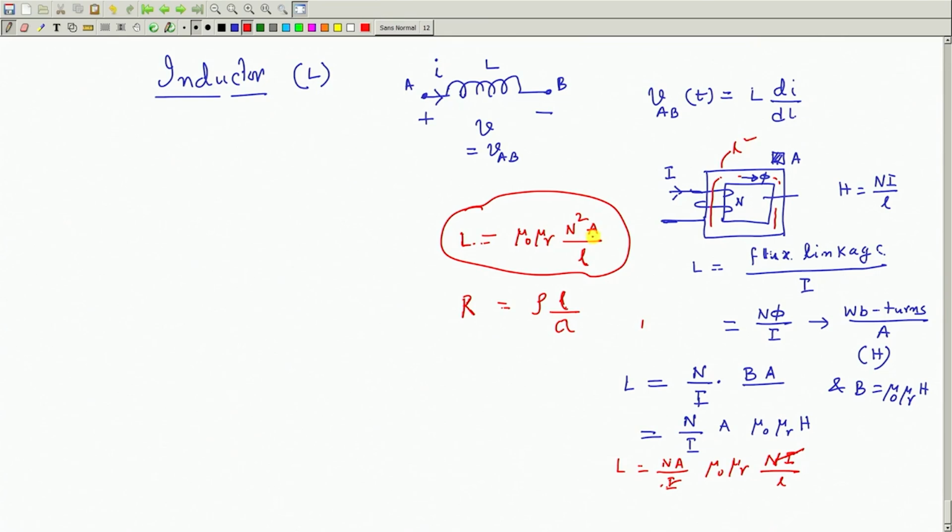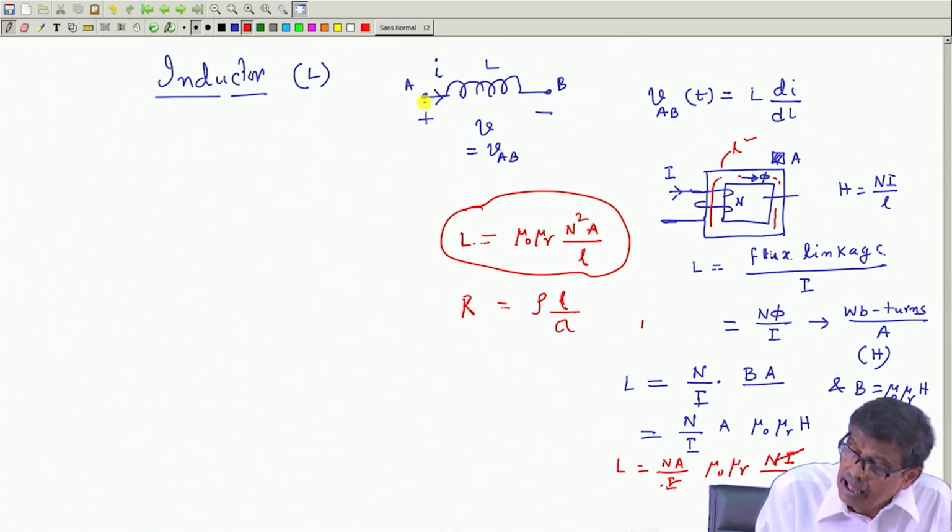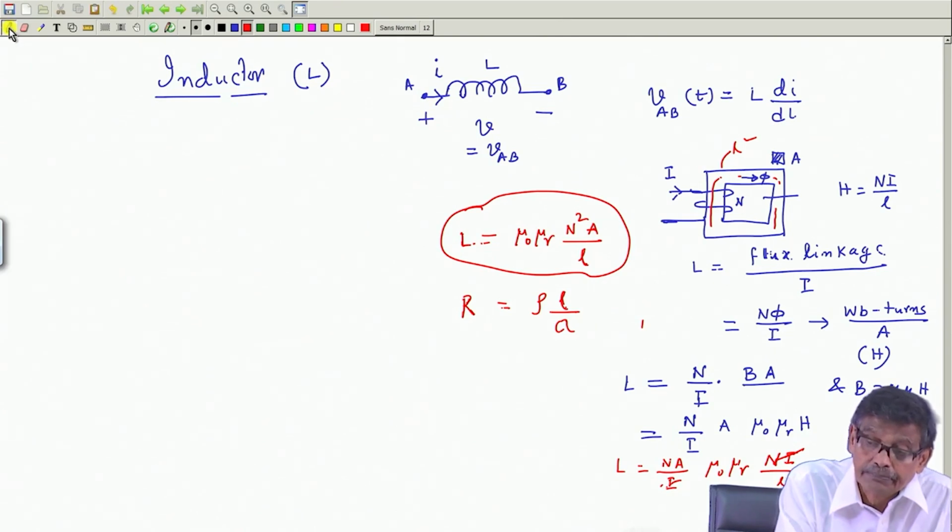And if A is in meter square, L is in meter, and mu 0 mu r in appropriate unit, then you can express this L in terms of Henry. That's all we need. So, this L, of course, we will not draw the core, etc. I will just draw like this. It has got a finite value based on its physical dimensions, and then I am telling the terminal relationship.